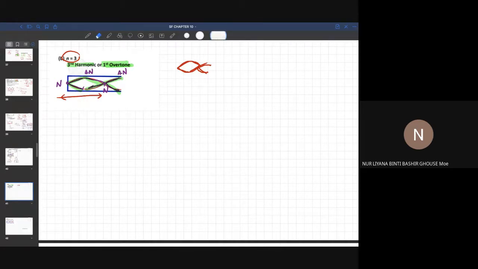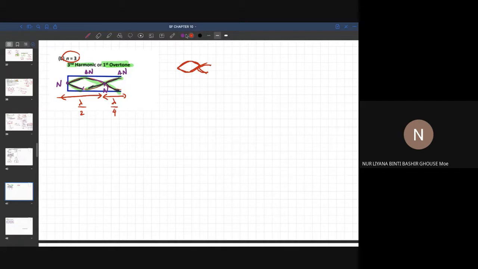Lepas tu node sampai ke anti-node adalah lambda over 4.